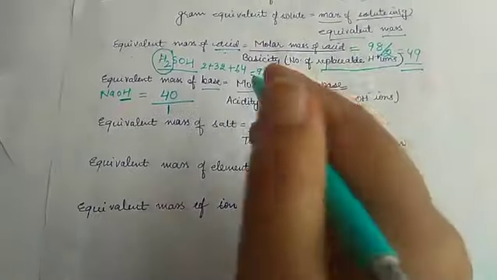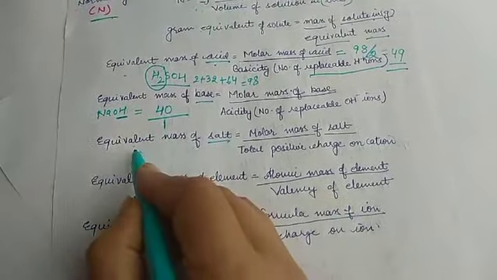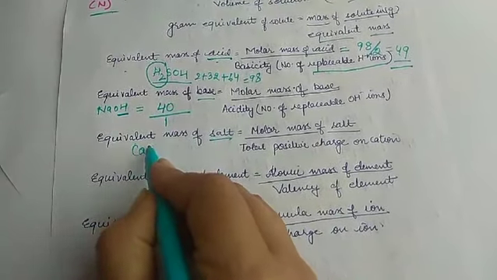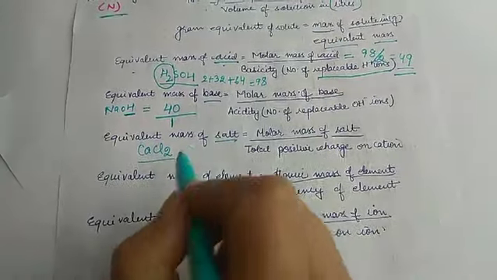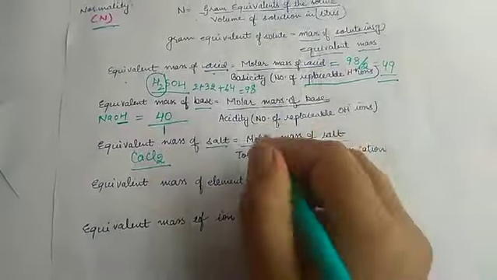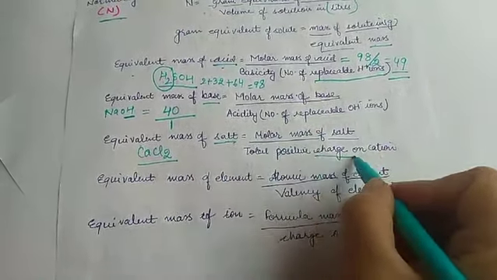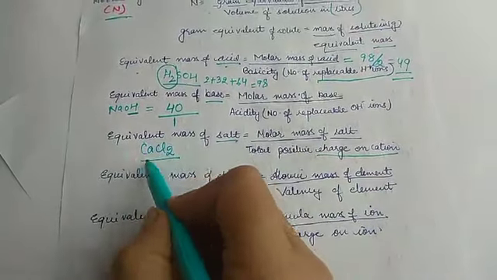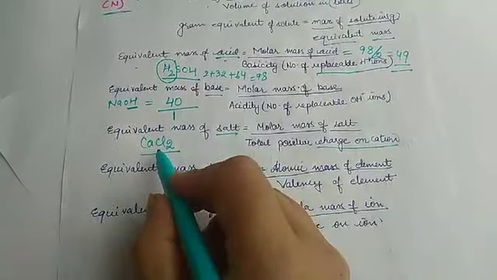Suppose we have a salt, then how to calculate the equivalent mass? Let us take one example. Suppose we have calcium chloride and we have to calculate its equivalent mass. Then what we have to do is simply calculate the molar mass of the salt divided by the total positive charge on the cation. Here the cation is calcium. And what is the charge on the cation? The calcium ion is 2.